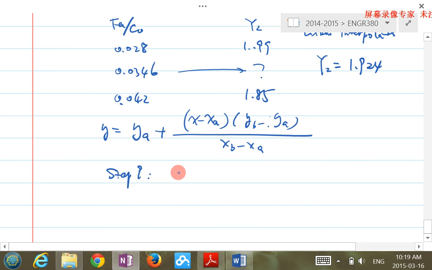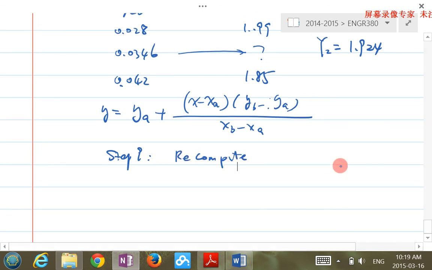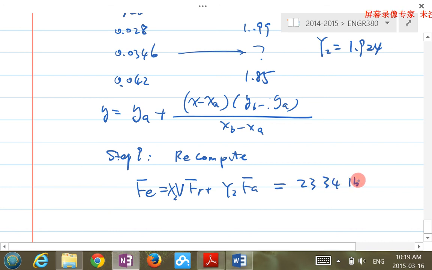Last step, you recompute this Fe. Here's the exact y2 based on a certain selection of bearing. So the equivalent load Fe equals x2 times V times Fr plus y2 times Fa, and it turns out to be this much.